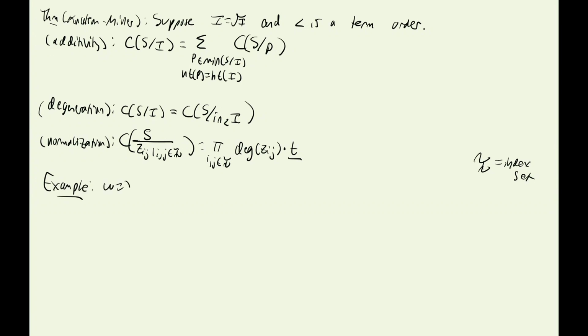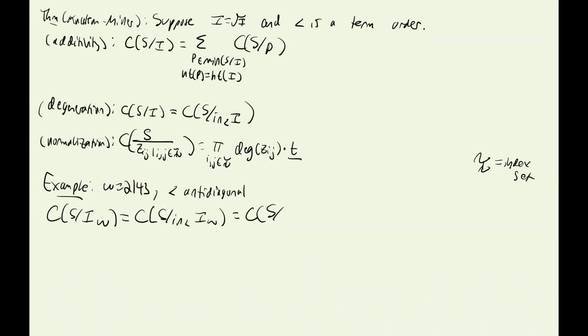So this is w equals 2143, and less than is antidiagonal. So then we have that the multi-degree of S mod I_w is the multi-degree of S mod the initial ideal of I_w by degeneration, which is the same as this sum of 4 terms.